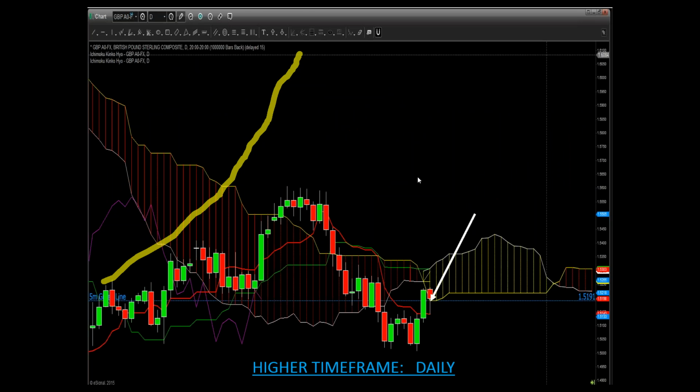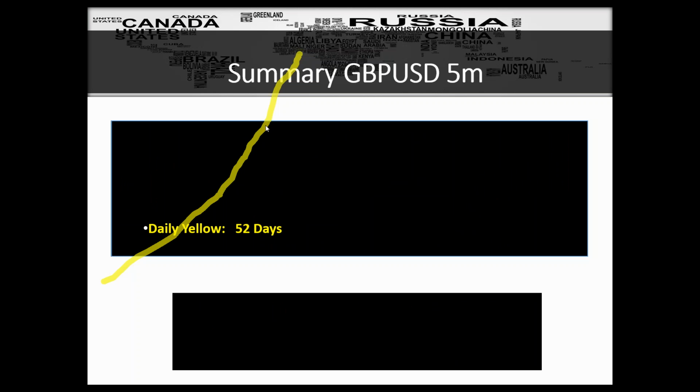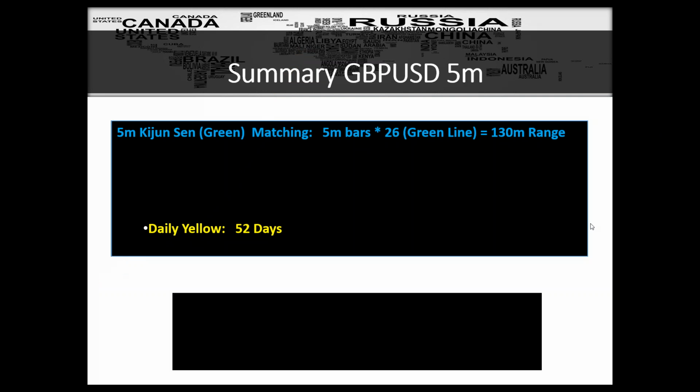So now, let's sum up everything that we have. Let me get rid of this blue line. There we go. If you sum it up, on the 5-minute we had a green line, which was our support. In the Ichimoku world, the green line represents support for 26 bars.